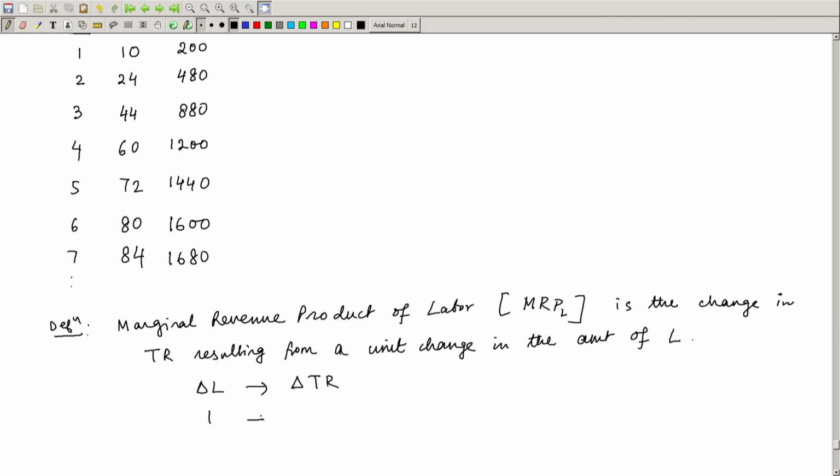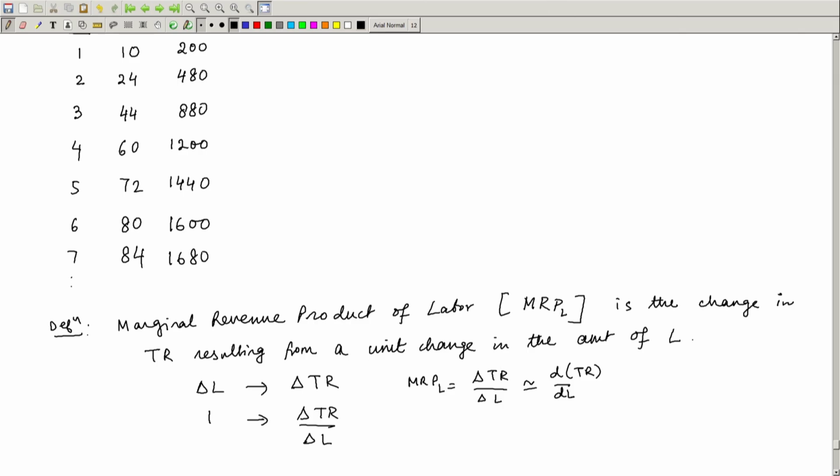So, a unit change in labor will lead to a delta TR upon delta L change in the revenue. By definition, my MRPL is delta TR upon delta L, which for small changes is essentially dTR/dL, right. So, the derivative of the total revenue function with respect to the amount of labor.